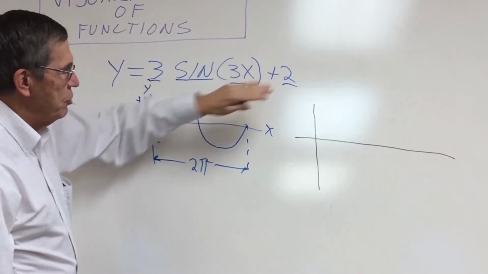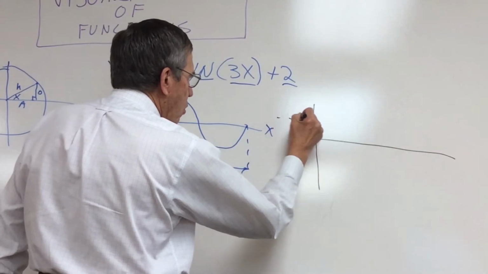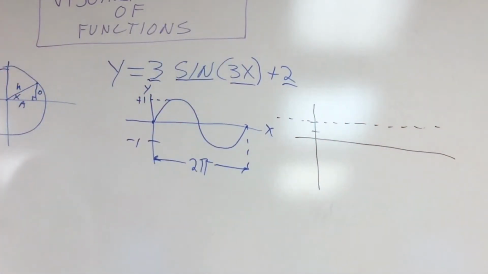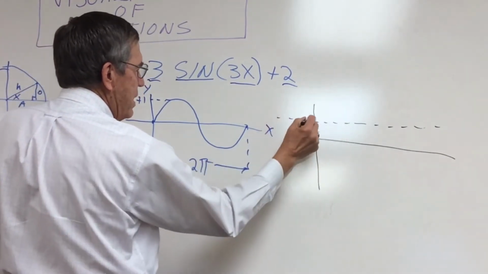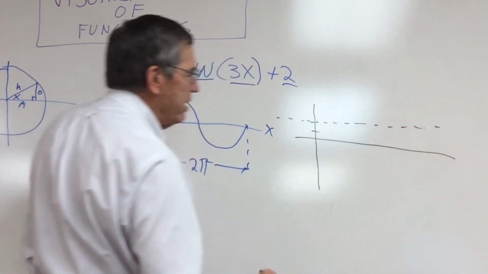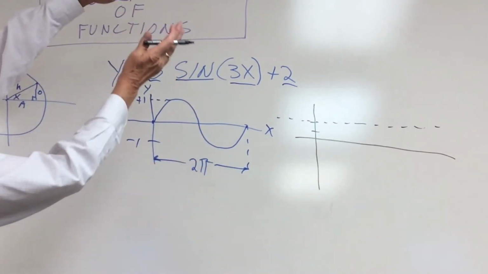I'm going to have 2, so I'm going to go up 1 and 2, and I'm going to draw a new axis. So the x-axis here has now moved up 2 units, and now all my movement is going to be about this dotted line, not the x-axis. Okay, that's moved everything up 2.